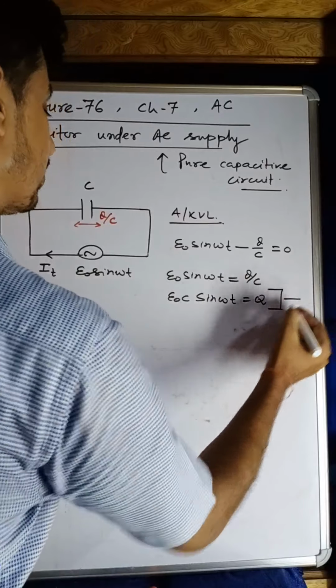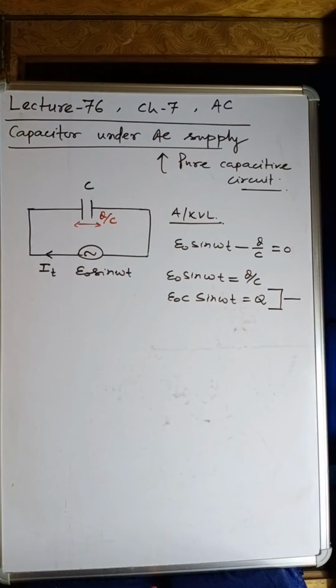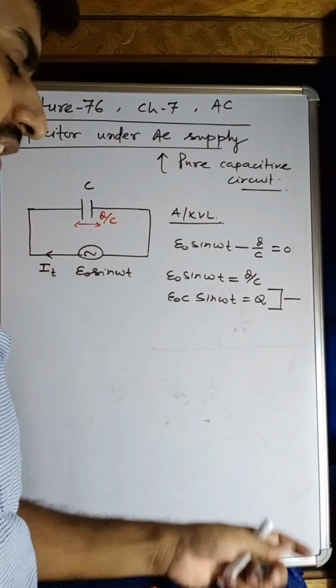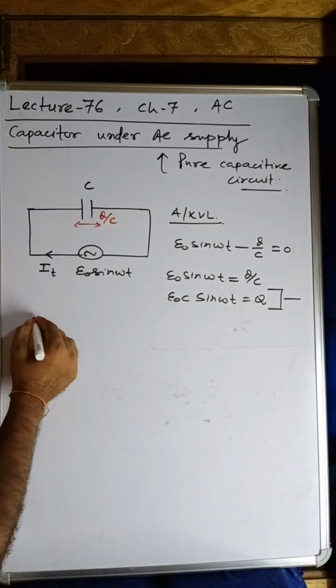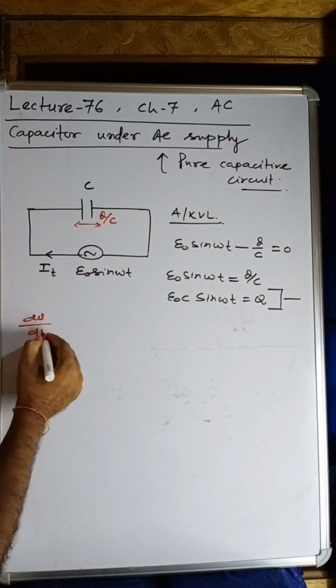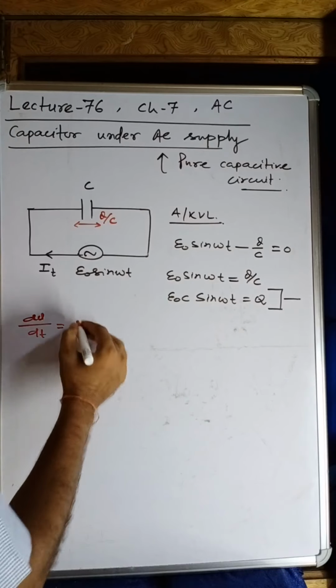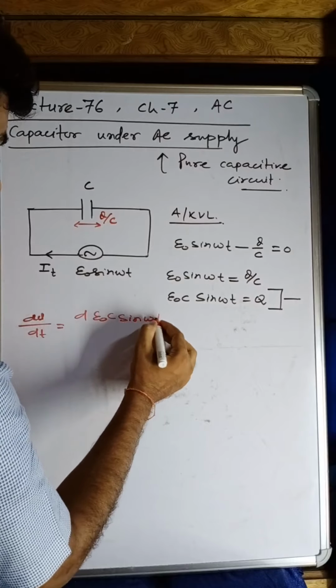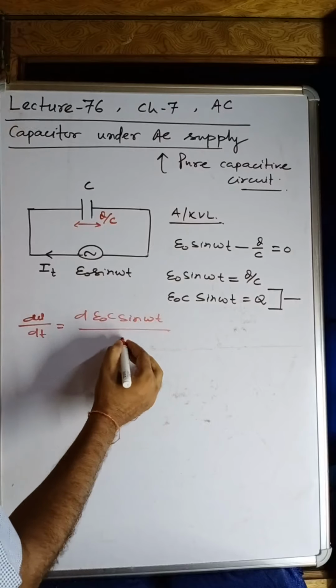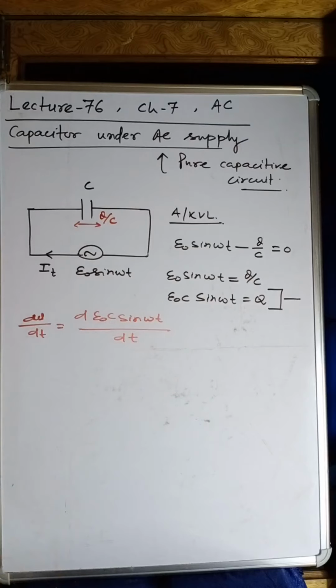But we have to reach the current, and we have reached the charge. Could you find the current from here? Yes. Differentiating this equation with respect to time, dq by dt is d of E naught C sine omega t divided by dt.